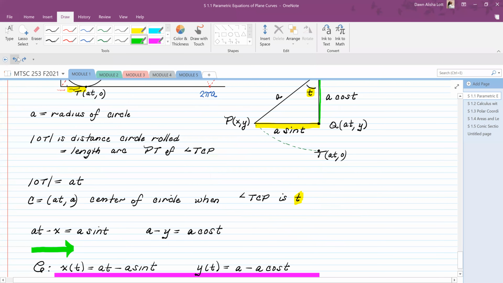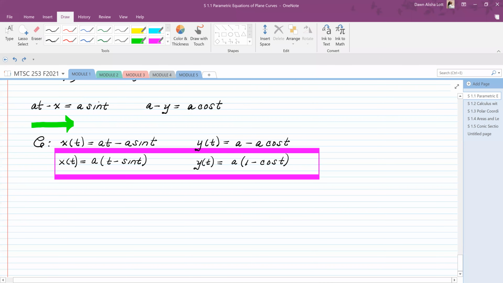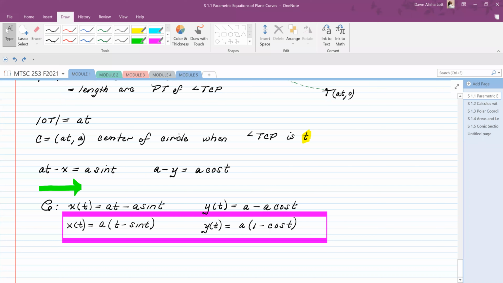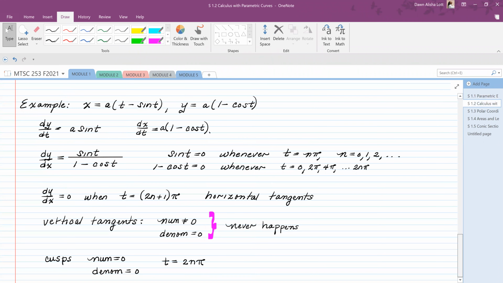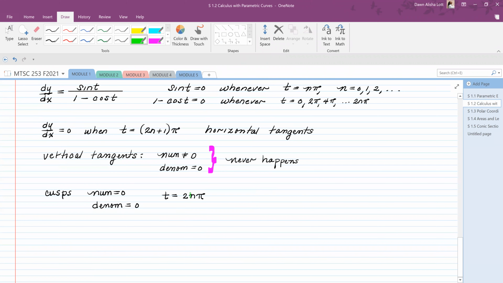Okay, so that looks good to me. All right, so that is how I find the derivative.